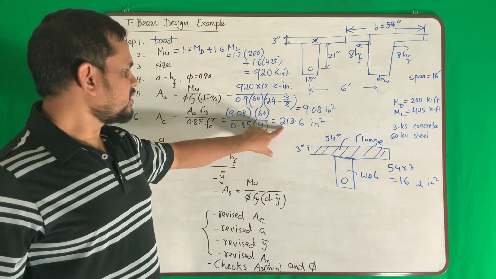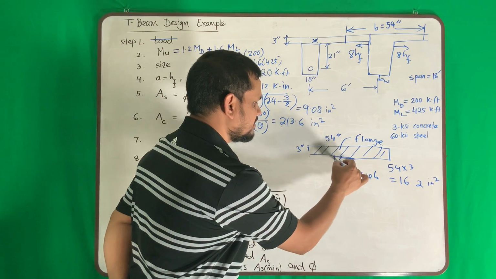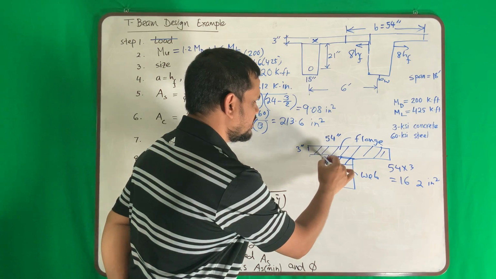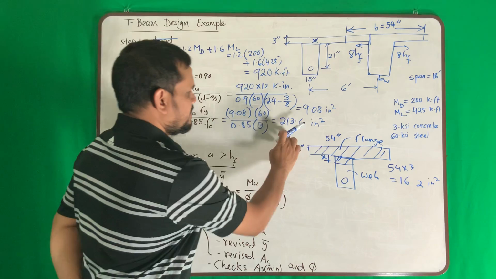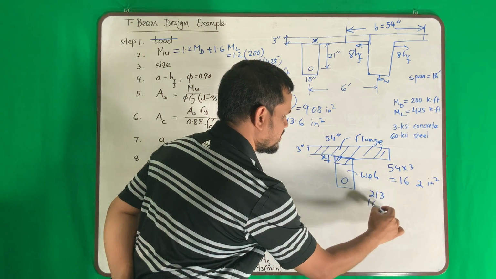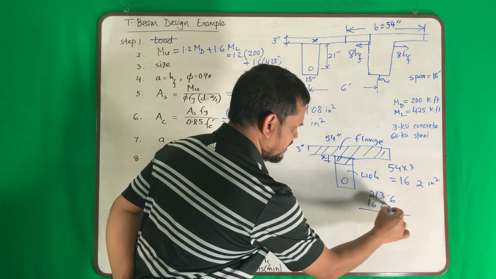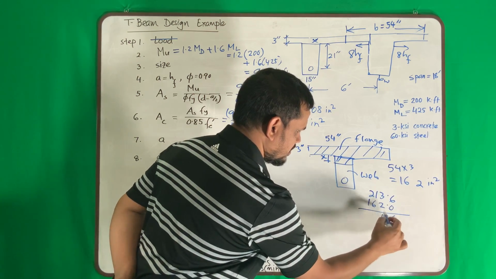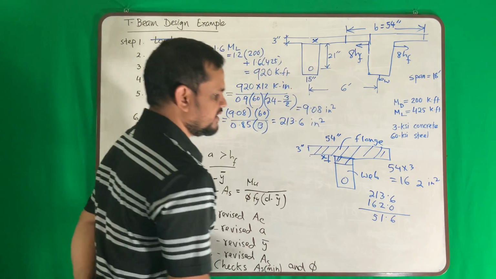My area of flange is 162 inch square. My area of compression is 213. So I have some area here also. Say this portion is X. So what is the balance? Balance is 213.6 minus 162, so 51.6 inch square.